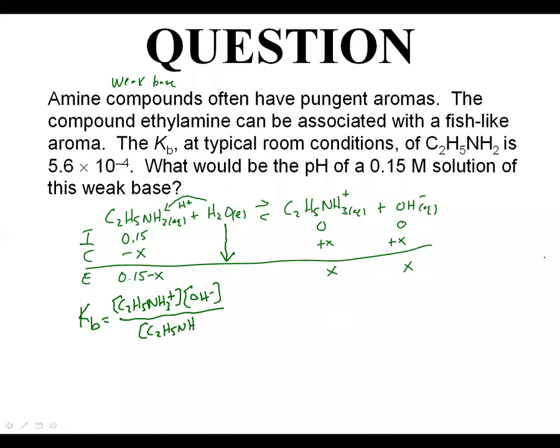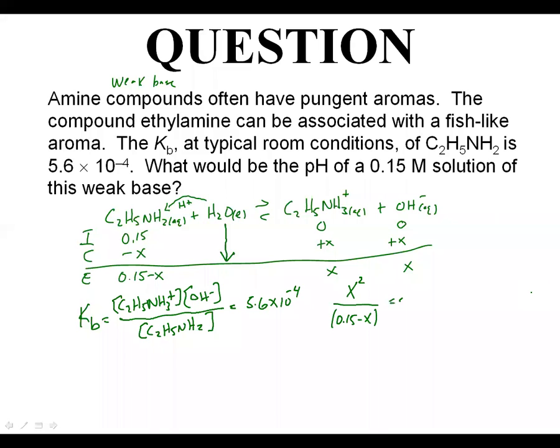Again, no water involved here. We're going to do our 5.6 times 10 to the minus 4. So putting in our values, we get x squared over 0.15 minus x equals 5.6 times 10 to the minus 4.